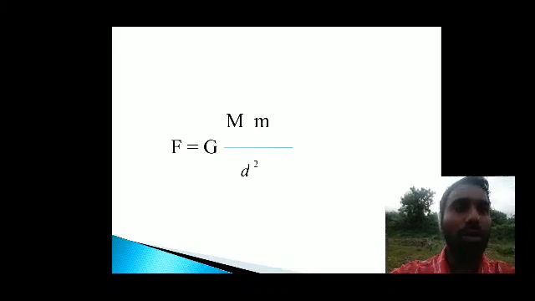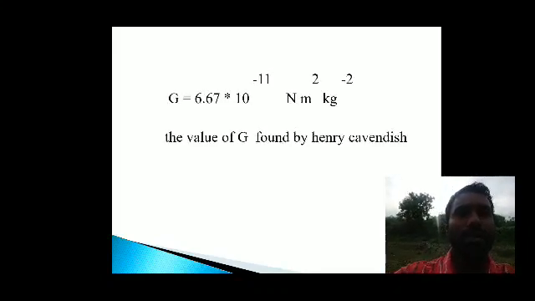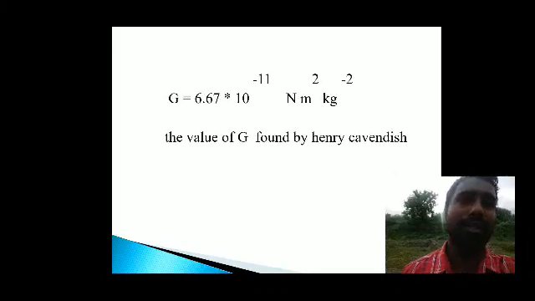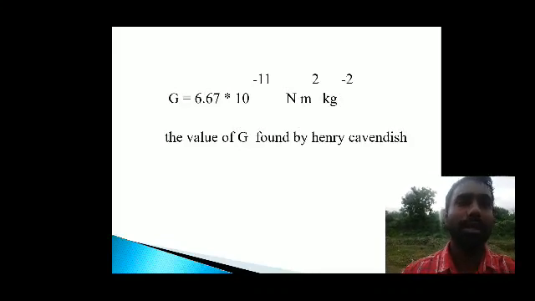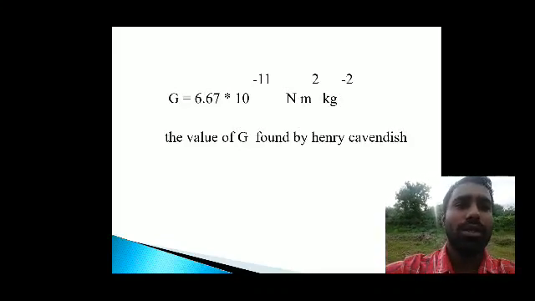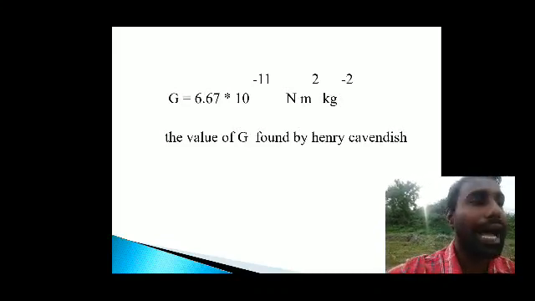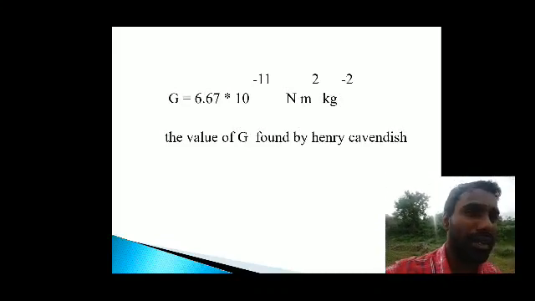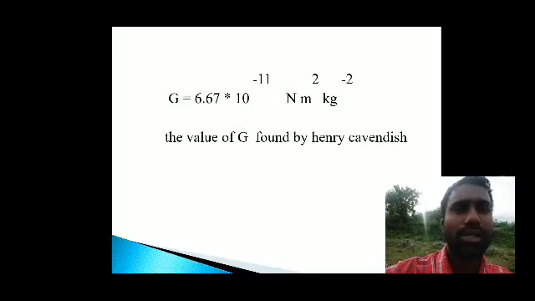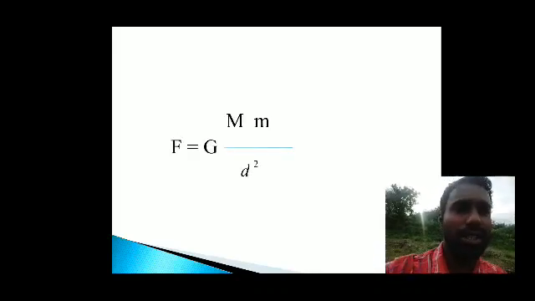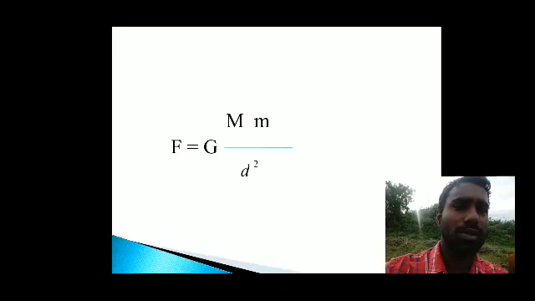Its value is 6.67 into 10 power minus 11 Newton meter square kilogram power minus 2. This is the value of G found by the scientist Henry Cavendish. How does this value come?